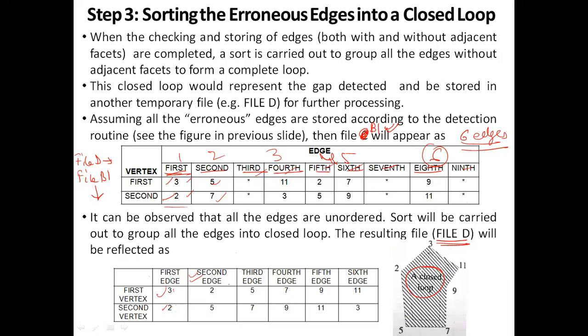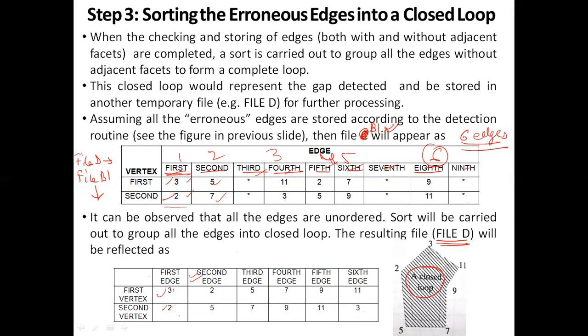The closed loop is going to be created when the second vertex of the first edge becomes the first vertex of the second edge, and this process will continue till the first vertex of the first edge becomes the second vertex of the last edge.